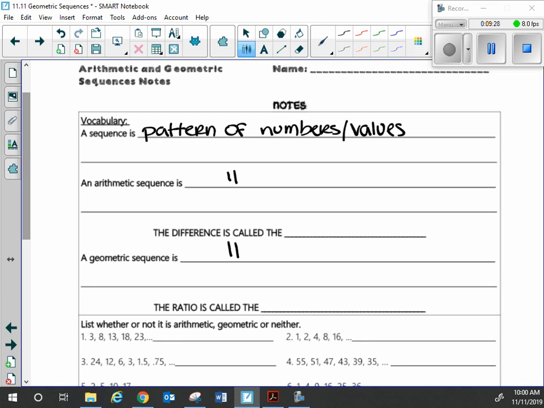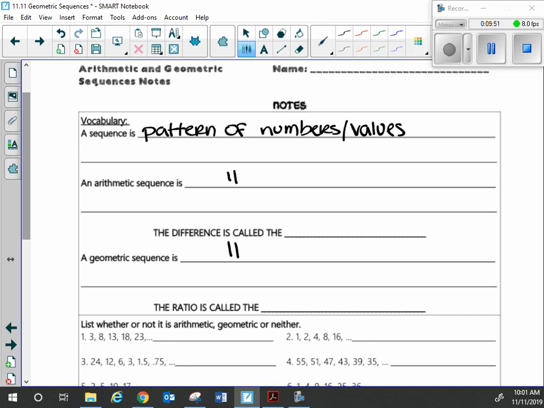Arithmetic sequence. So if I'm taking a sequence definition and expanding it to say arithmetic sequence, what does the word arithmetic change? What does it add to my definition? What's more specific about arithmetic sequences? Y'all just graphed it, you talked about it. Linear. That is linear.